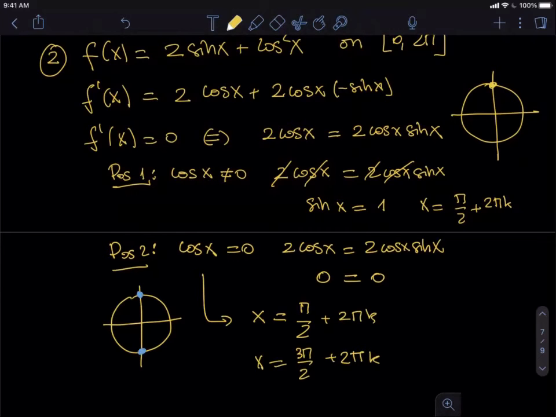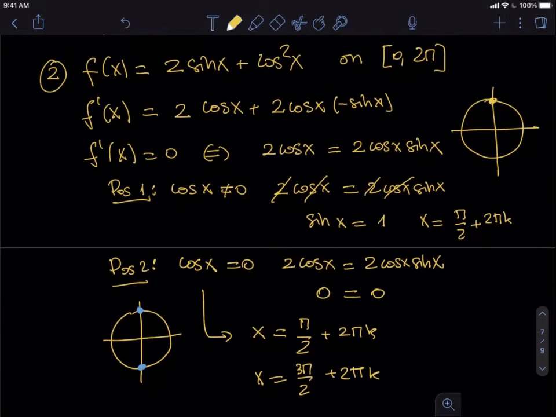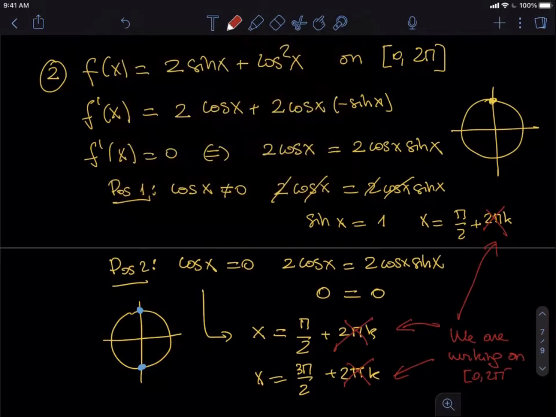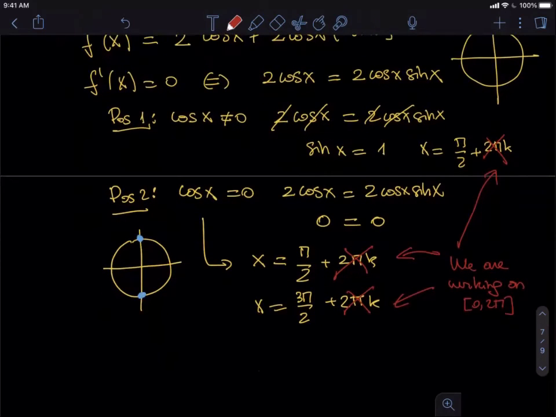But here, let's be smart. Remember, we are being told that we need to look for extrema in the interval 0 to 2 pi. So we can forget about the 2 pi k, because we are working on 0 to 2 pi.